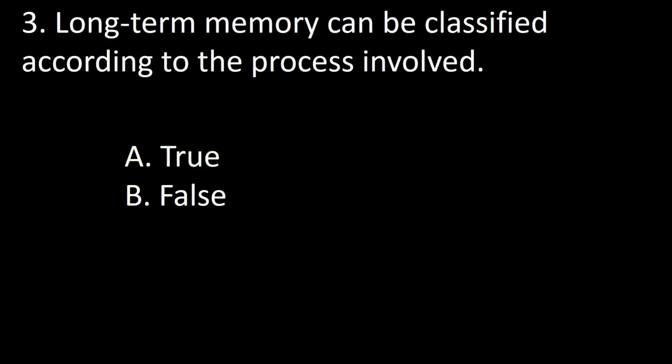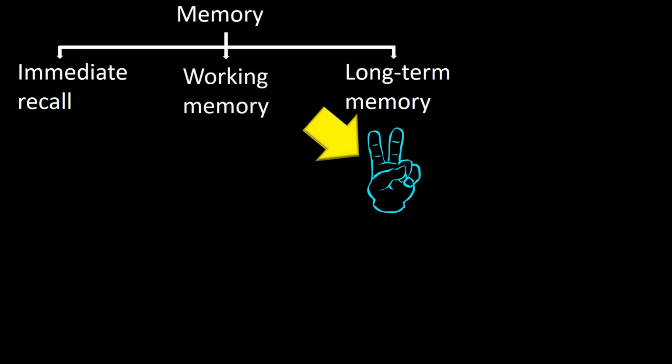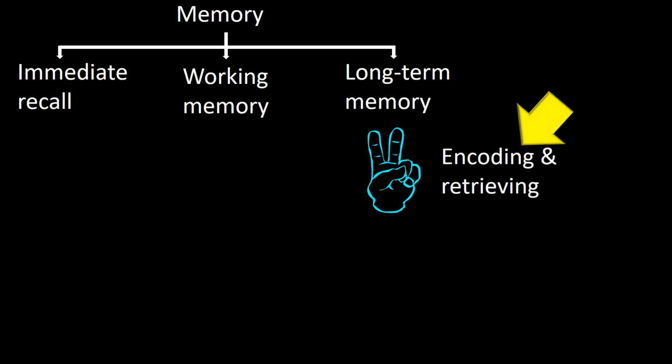Next question. Long-term memory can be classified according to the process involved. The second way we can classify long-term memory is based on 2 of the processes involved in long-term memory. These processes are encoding and retrieving. Encoding is a complex function which is discussed in another video.